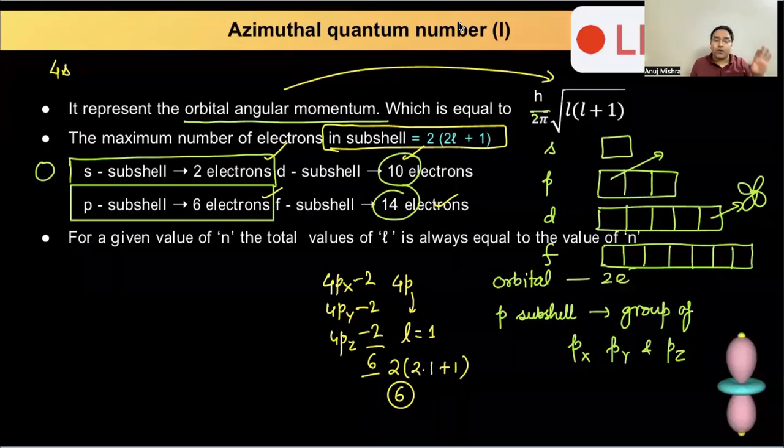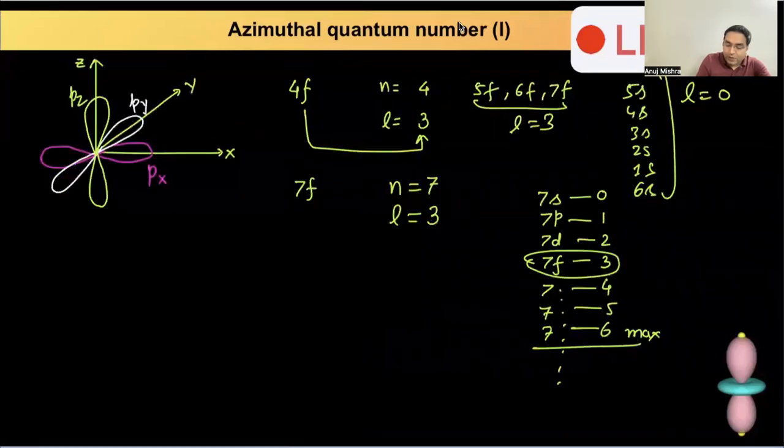आसान सी बात है. For a given value of n, the total values of L is always equal to the value of n. यानी कि L की given values अगर आप निकालना चाहते हो total values, तो जितनी value n की है उतनी ही values L की होंगी numbers में. So read this point, and this we have discussed earlier. If you talk about n equals 7, how many options are you developing? 7 options, of course.